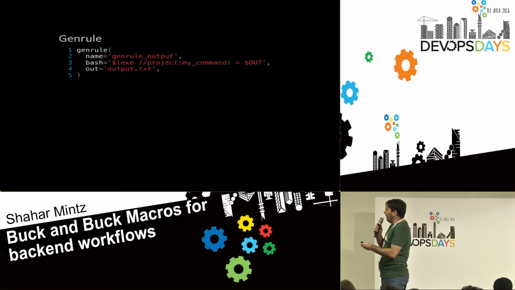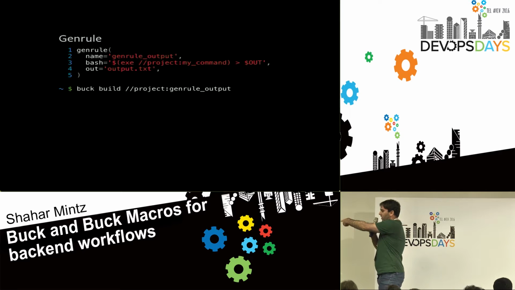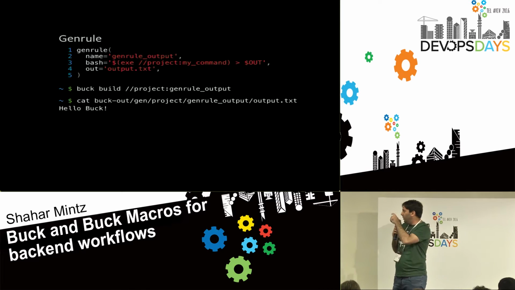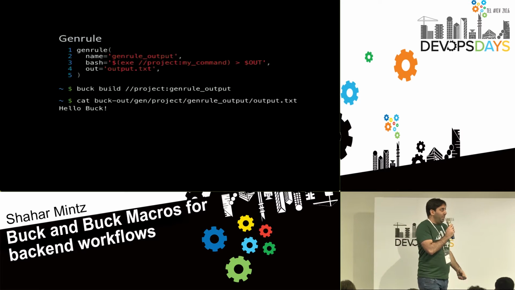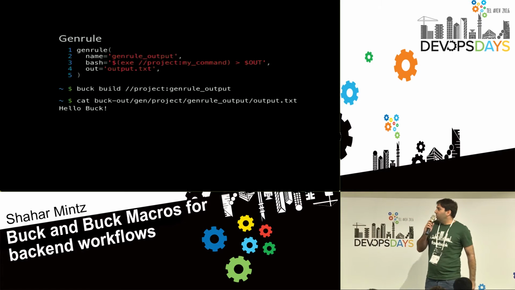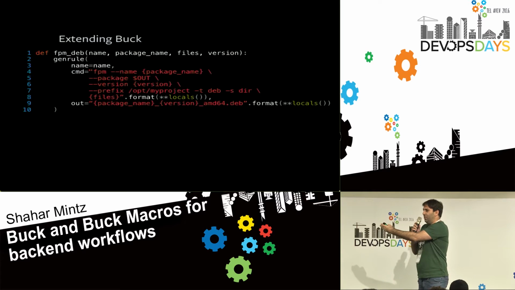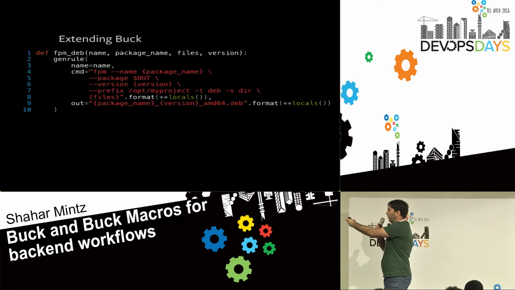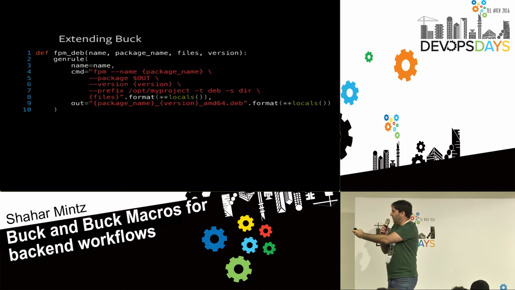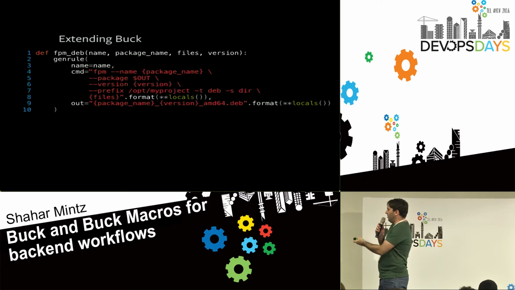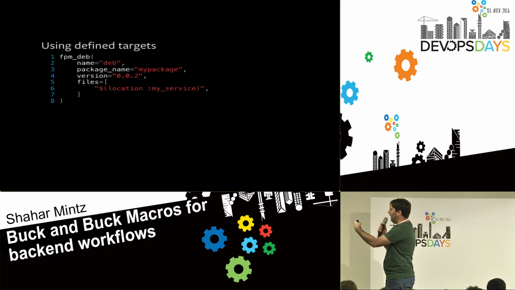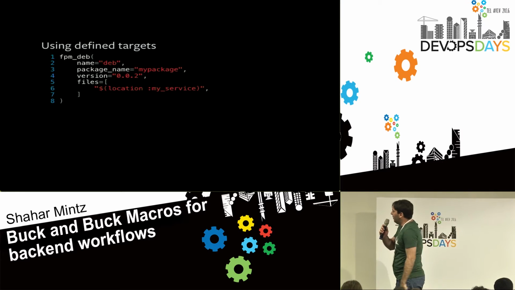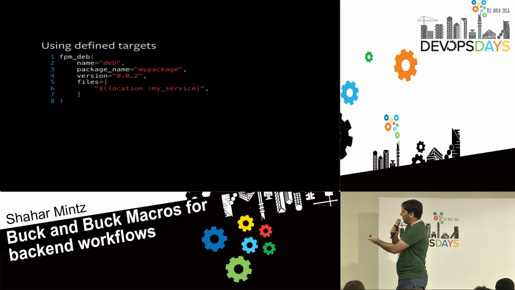And when you run buck build, it will just generate the output file that you defined. So with that, you can create a definition for a new target. In this example, you will build a deb file with FPM. And to use that, it's extremely easy. Just call the FPM function, and it will create a Debian file.